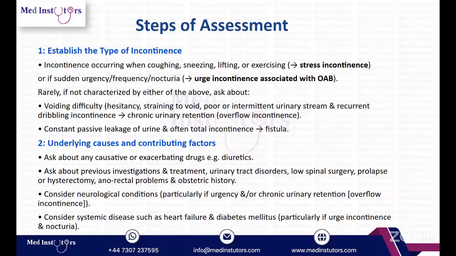Okay, so once you establish the type of incontinence, the second step is what is the underlying cause and what are the contributing factors in your patient. What could be the causes? There might be some drugs like diuretics. Ask about previous investigation, treatment, UTI, low spinal surgeries, prolapse, hysterectomy, anorectal problems, and obstetric history.